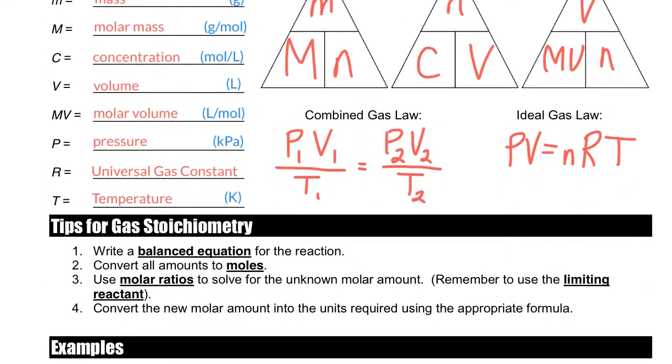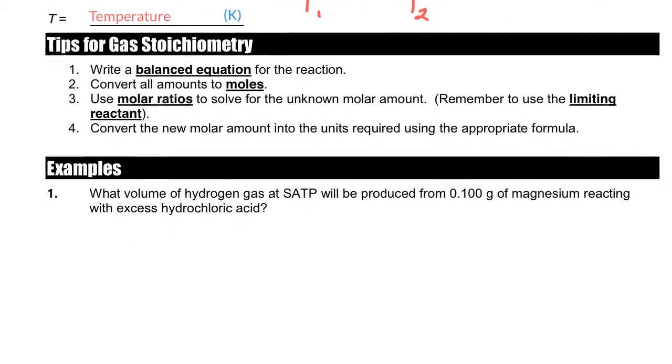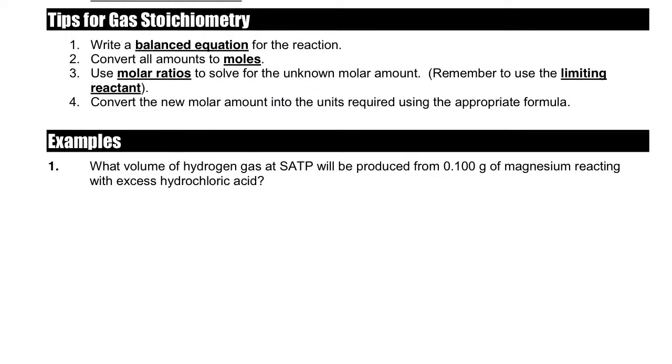For any stoichiometry question, there are some steps you can follow. The first one is always to find the balanced equation for the reaction. Once you have the balanced equation, use the amounts that you are given in the question or that you know from the experiment and convert those amounts, whether it's mass or volume, whatever it is, to moles.